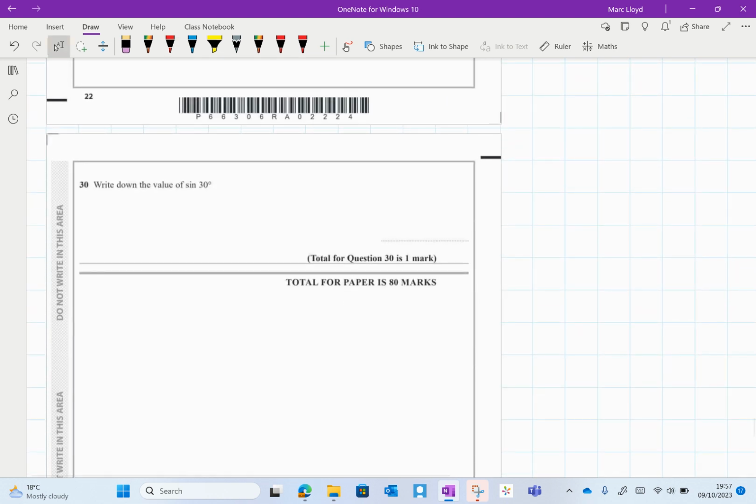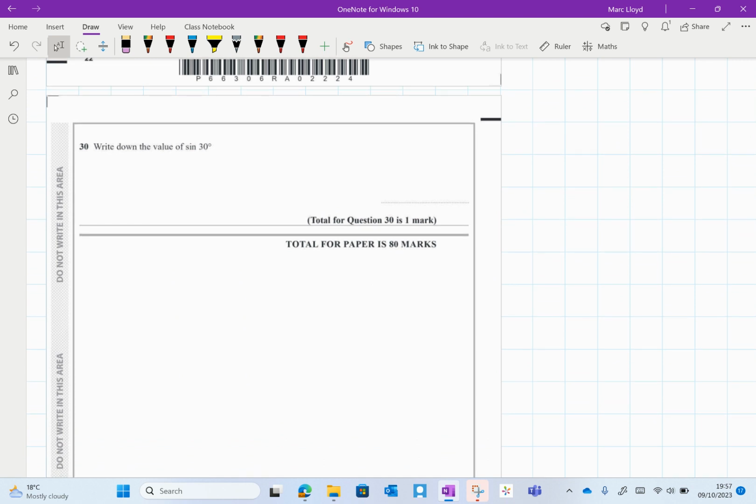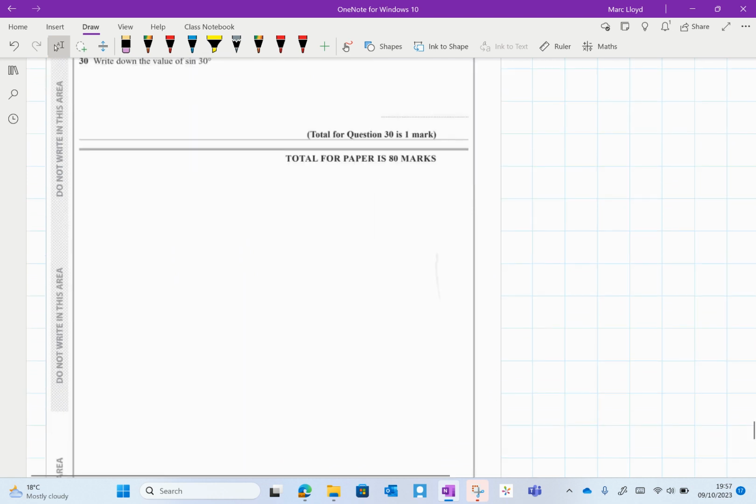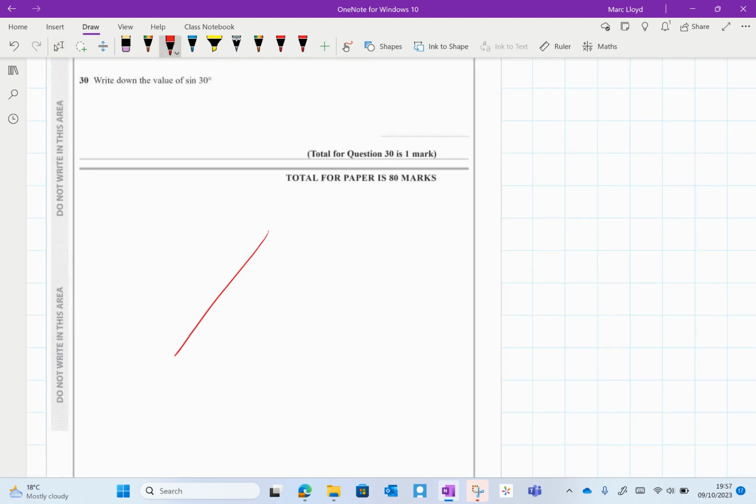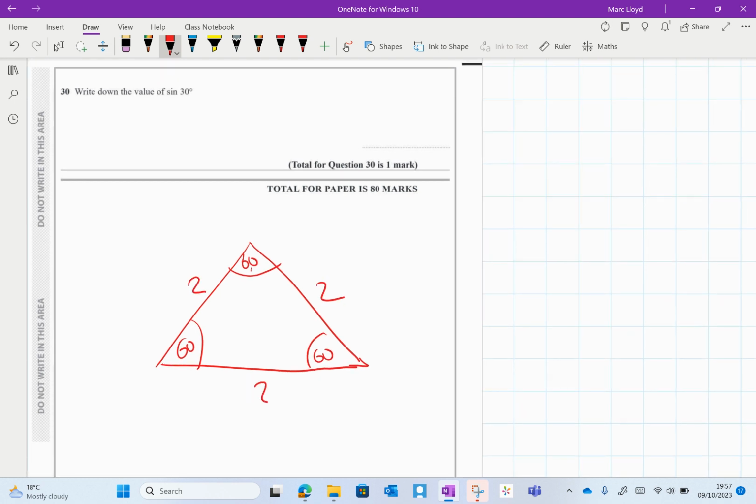Right, sin 30. Oh, God. Okay. So, let's go draw a little diagram. 60, that's 60, that's 60, and then, how do I do this? I think it's twos, use twos, so 2, 2, and 2. So then if I split this in half, that then makes 30, and that's got a height of 1.